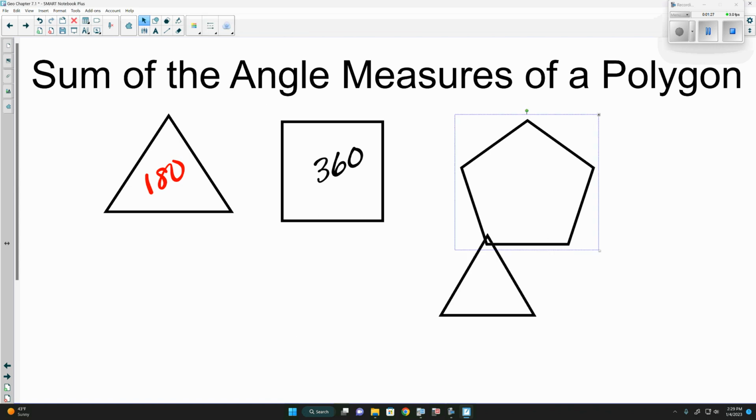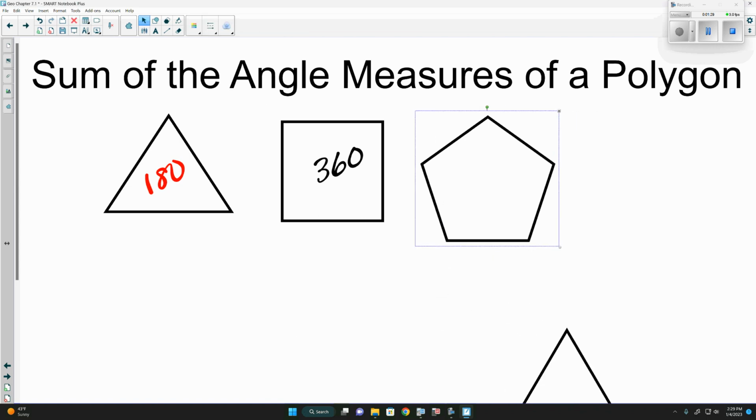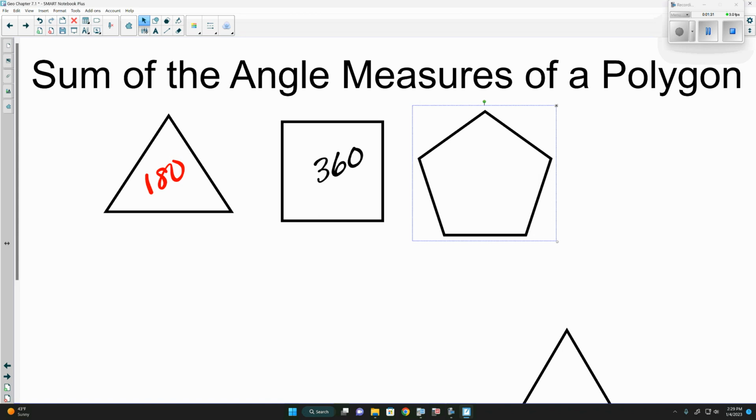Does anybody know what the sum of the interior angles of a 5-sided figure would be? It would not be 720. It is 540. And they actually have a specific way that they work.